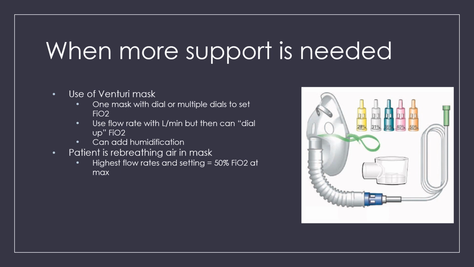So we set a flow rate with the liters per minute, and then we can use these different colored dials to reduce the attenuation of oxygen that's flowing through and increase the amount that's going into the face mask itself. So the patient is still rebreathing air in the mask, so the highest flow rate setting is about 50% FiO2 at its max flows.